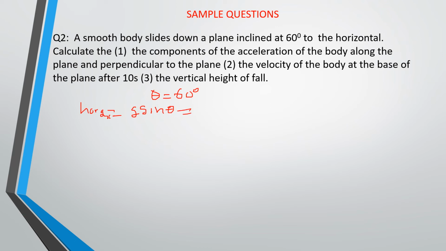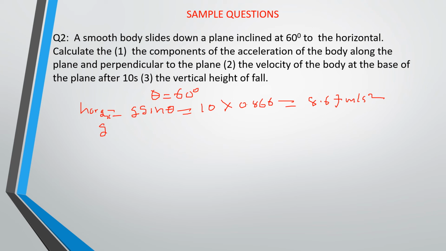So just substitute into the equation, you have 10 times sine theta, which is 0.866, and that gives you 8.67 meters per second squared. This is the component along the plane.